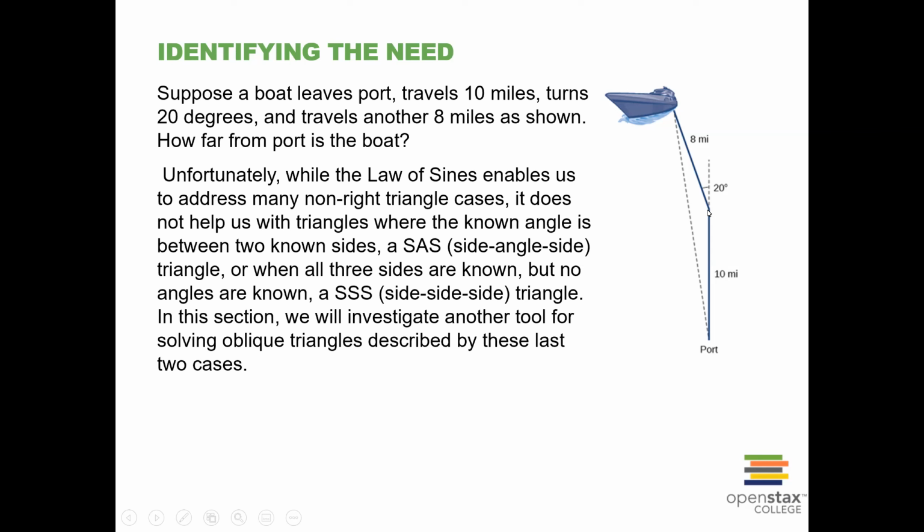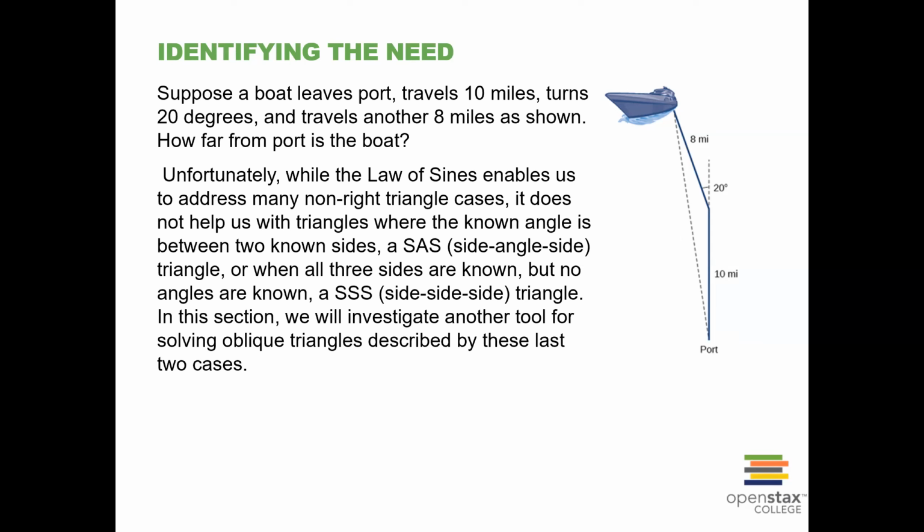But the problem is that this angle is between the two known sides. So we don't know any of the angles across from those known sides. And the angle that we do know is across from the unknown side. So we cannot apply the law of sines.